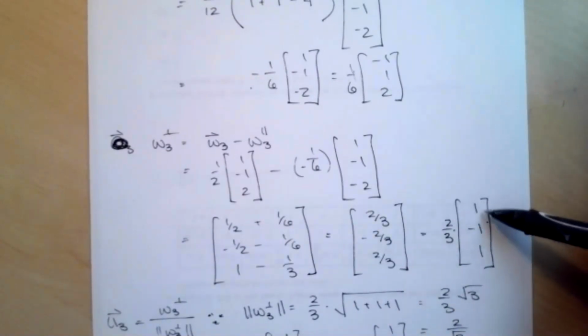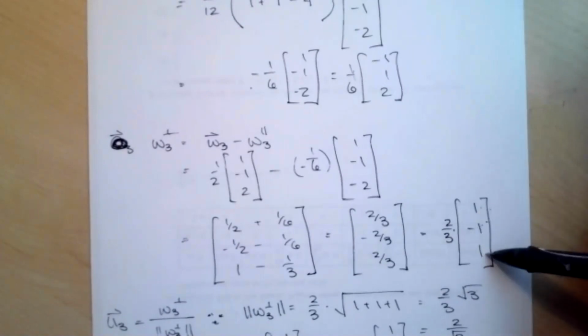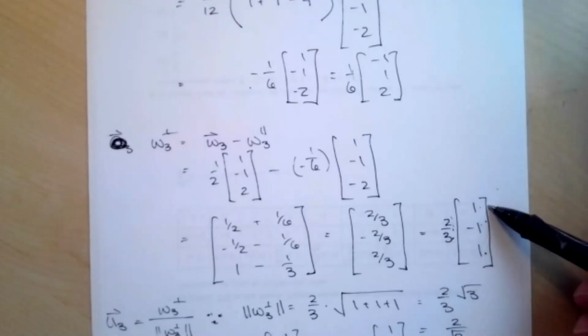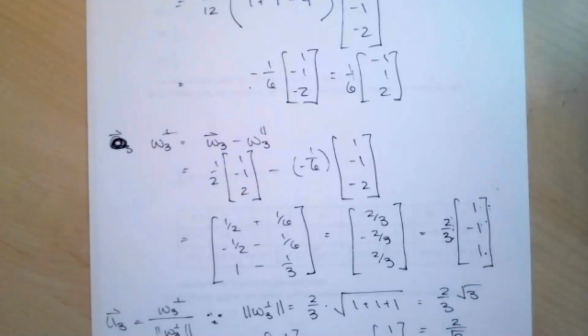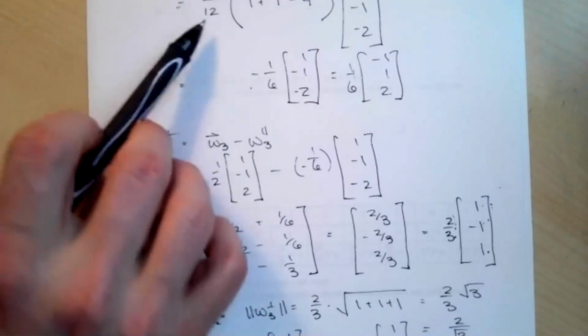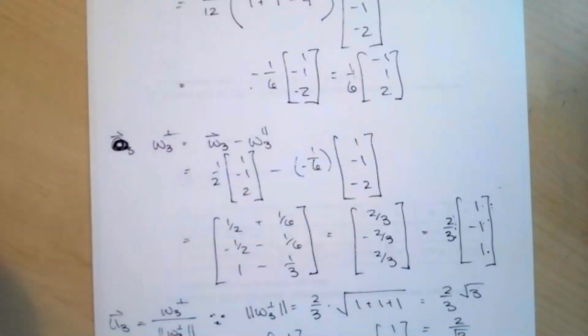It's almost like if we would have just started with 1, -1, 1 and didn't have this scaling factor, when we then normalize, we would just simply divide by that 1 over square root of 3 again. So there are a few little shortcuts you could try to take, like ignoring some of these scaling factors if you want to make your computations easier. I would just say be a little careful with doing that.